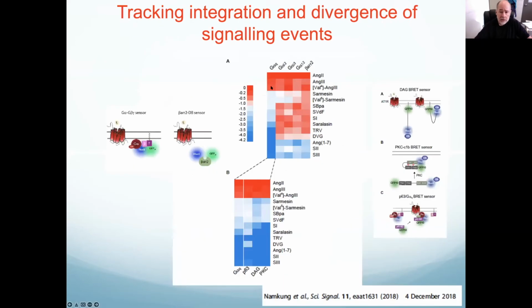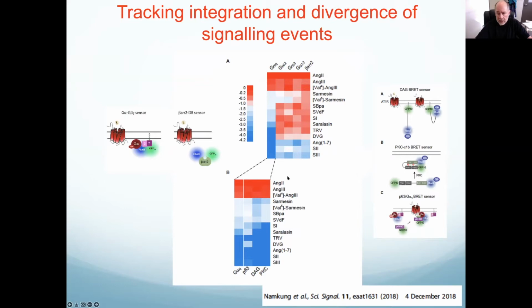So if I just give you one example of that, this is a paper in collaboration with Stefan Laporte's lab where we looked at signaling downstream of the angiotensin receptor. If you look at angiotensin, it activates all of those pathways. But you can also develop or identify ligands that only activate a subpopulation of those pathways, this idea of being able to track biased signaling.